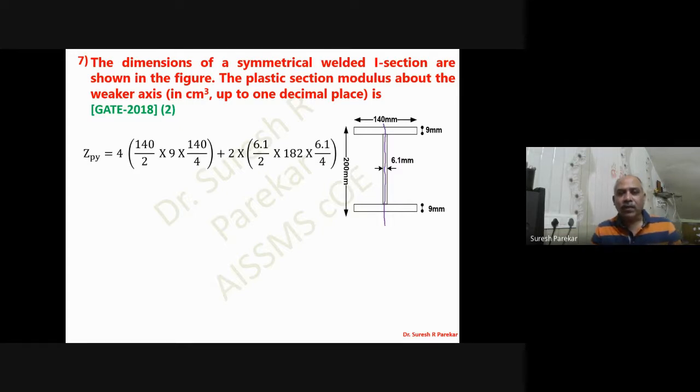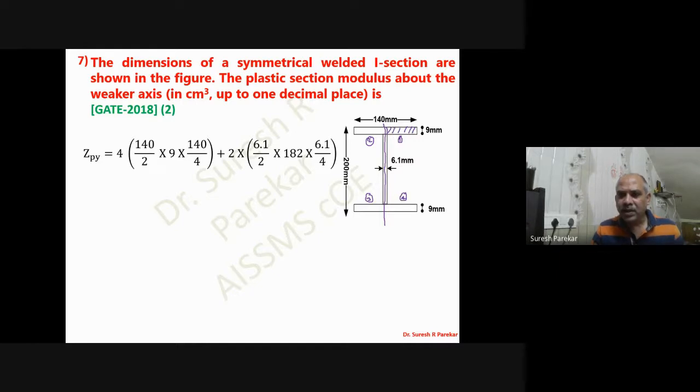So we have 4 into 140 by 2 into 9 plus 140 by 4. Here the total we have considered is 140. We considered first this part, so this will be 1, 2, 3, and these are the symmetrical parts, and then we have 4.